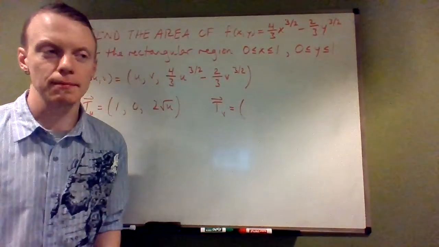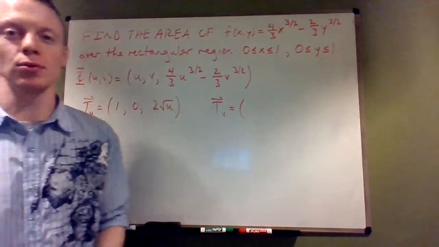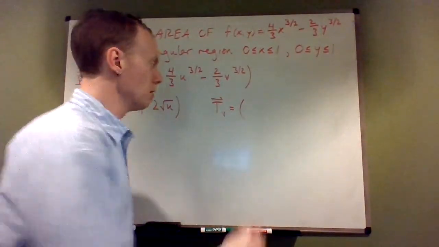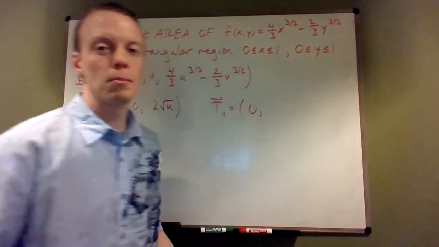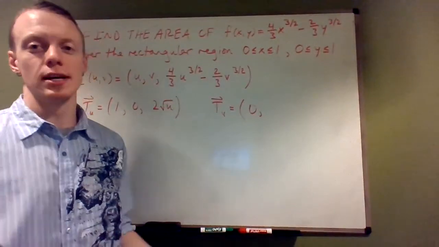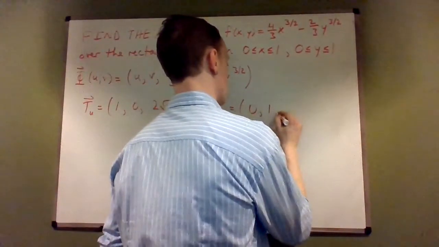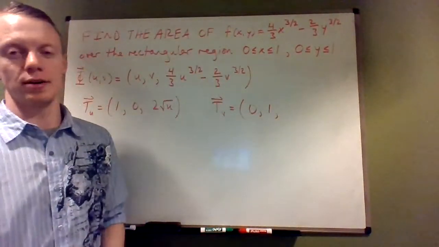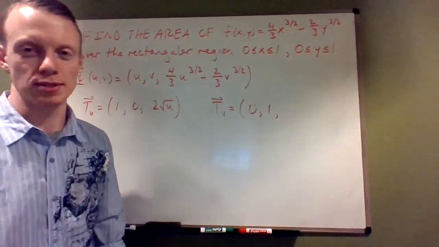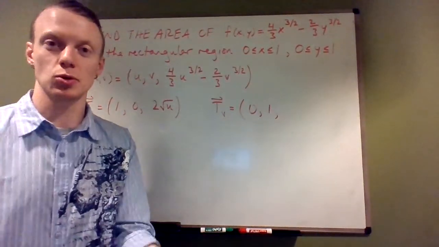T sub v hat, partial of u with respect to v is going to be 0. Partial of v with respect to v is going to be 1. And then the partial of our function with respect to v is going to give us minus the square root of v.